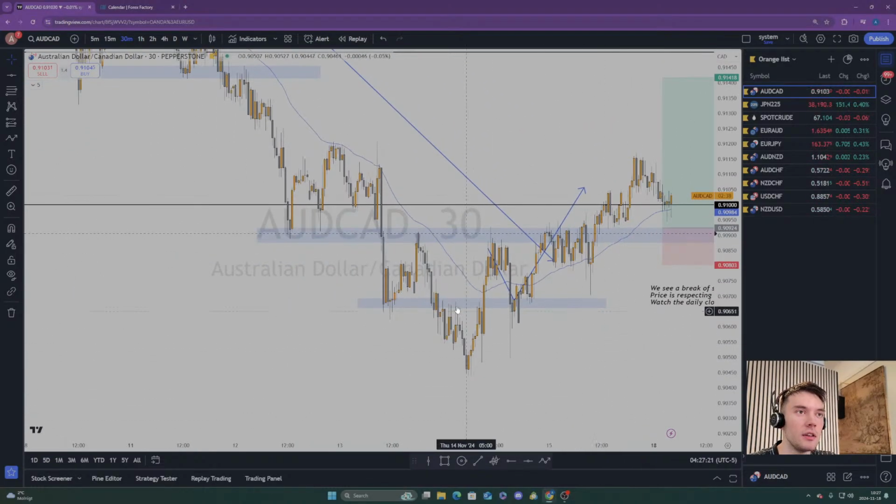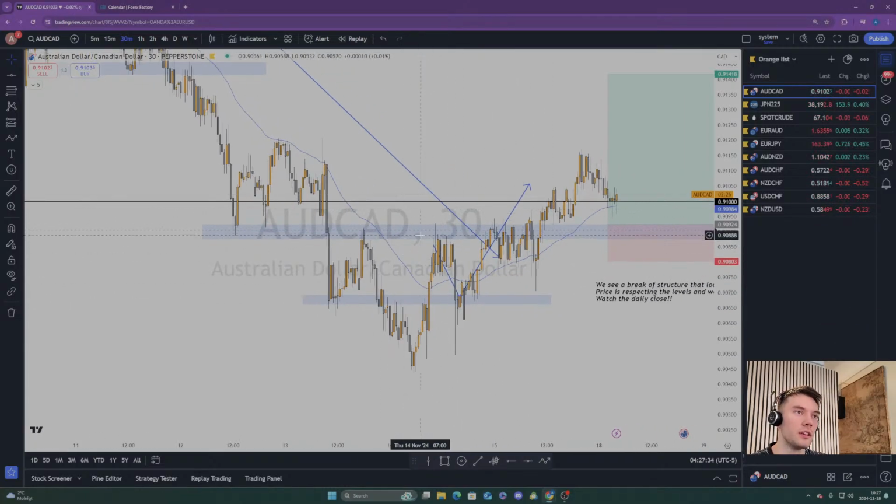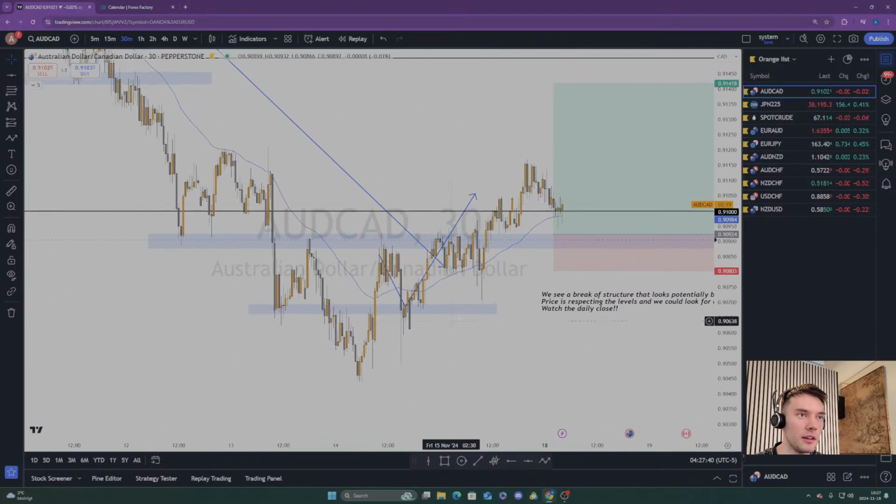We push up and we look for price to react here. Then we are interested in looking at this one to see, will we make it above this one? Because this one is clearly much more significant than this one at the bottom.